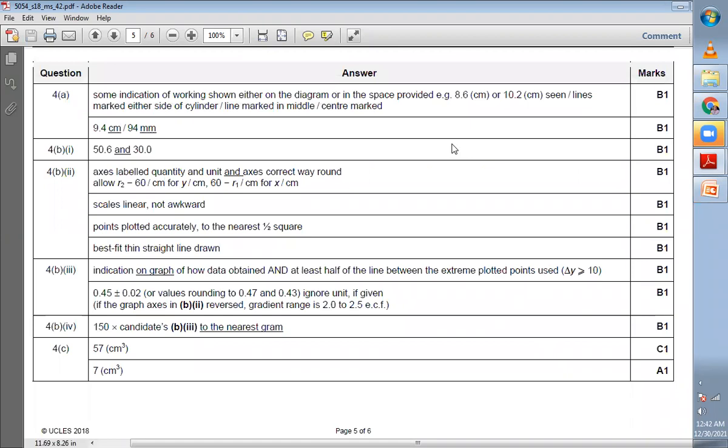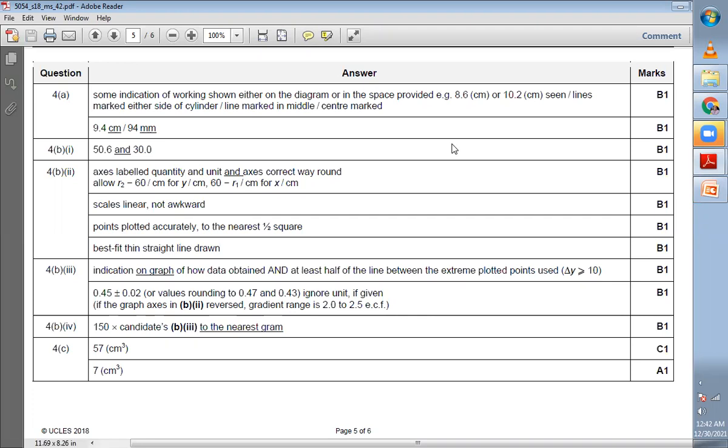For question number 4A, the marking scheme requires some indication of the working, shown either on the diagram or in the space provided. For example, 8.6 cm and 10.2 cm seen, marked either side of the cylinder, line marked in the middle, center marked. So the actual value is 9.4 cm. Then we have 50.6 and 30.0. Axes labeled with quantity and unit, and the axes the correct way round.